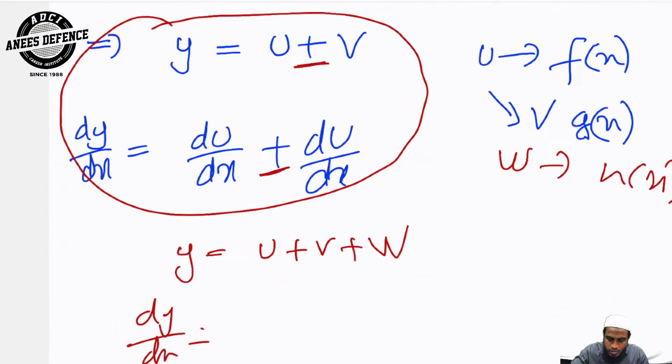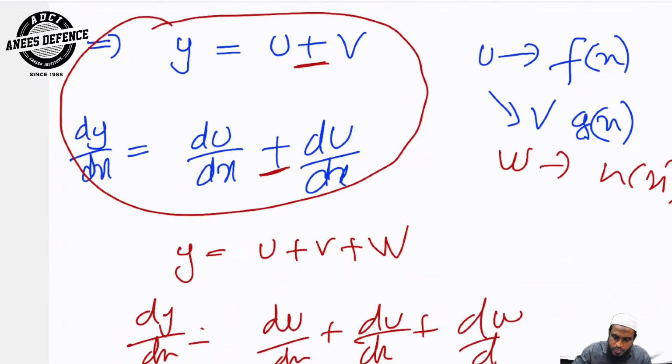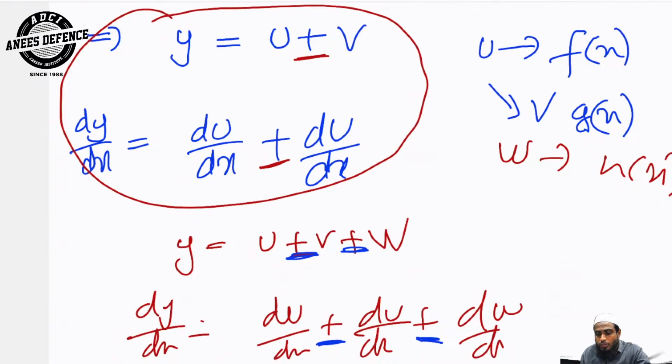Understood? If it is minus, you have to put minus. Wherever minus is coming, you have to put minus, and wherever plus is, same thing you have to apply. So this is the addition principle.